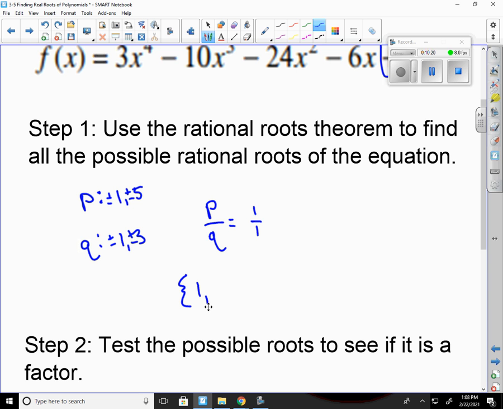That's 1. It could be negative 1 over positive 1. So we can leave this as plus and minus 1. It could be positive 1 over 3, or it could be negative 1 over 3. So this has a possibility of plus or minus 1/3. It could be 5 over 1 or negative 5 over 1. So that's a possibility of plus or minus 5 over 1, which is 5.